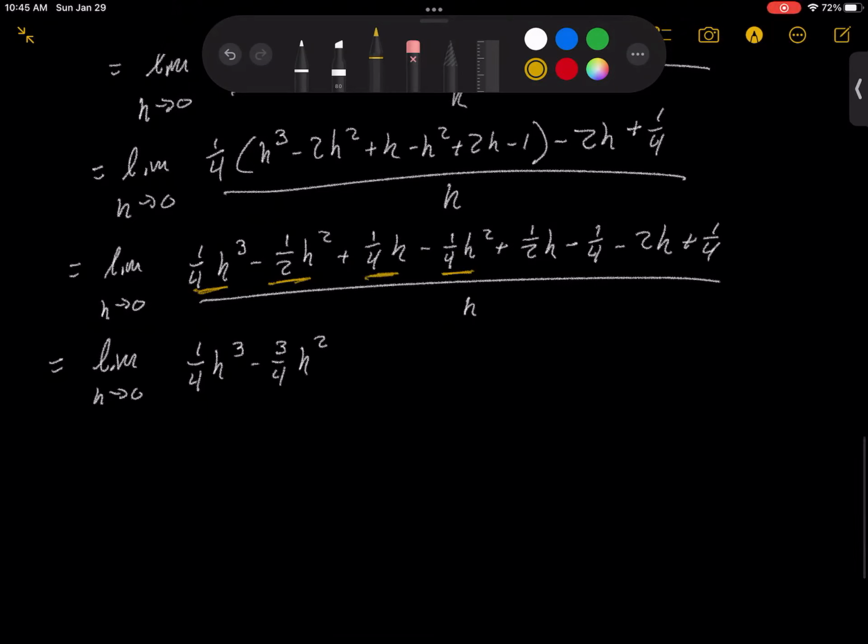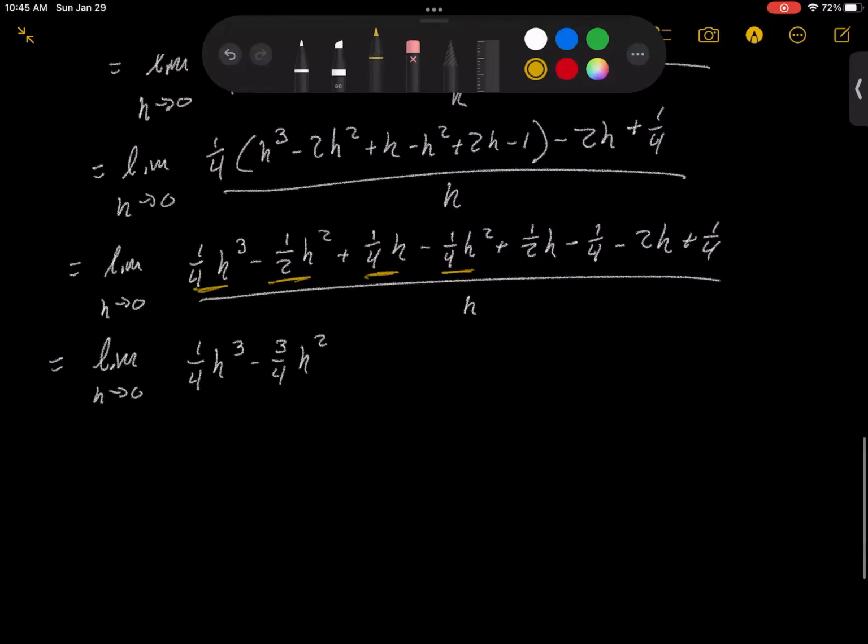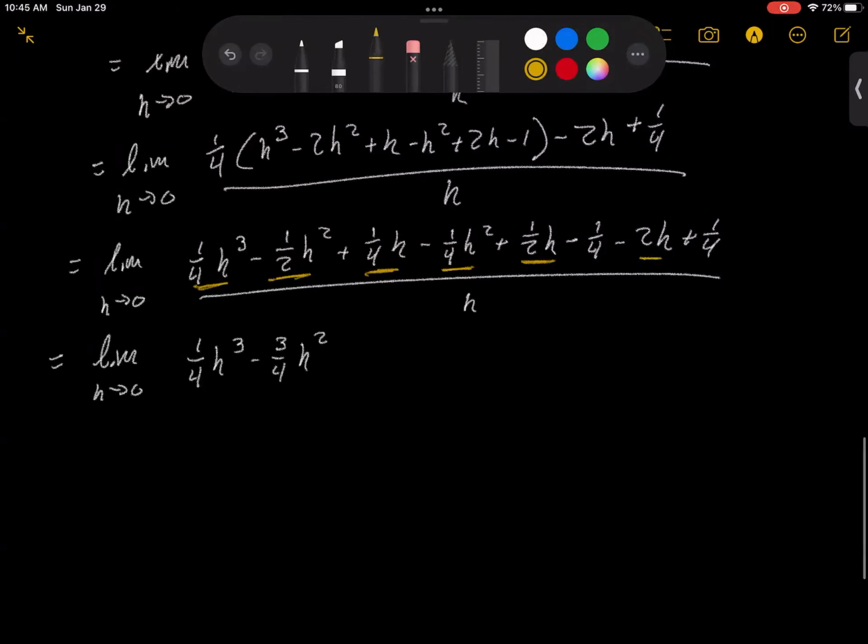Plus 1/4, plus a half, so plus 3/4. And then minus 2. What is that? Minus 2 plus 3/4 gives me minus 5/4. So that's how many h's we have. Minus 5/4 h. And we don't have any constants because minus 1/4 plus 1/4.